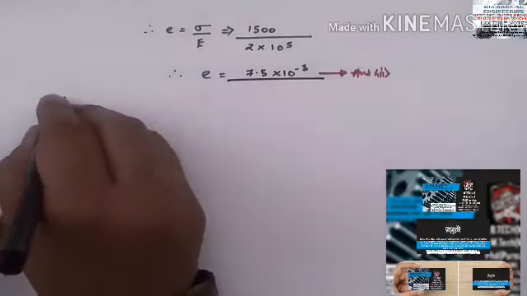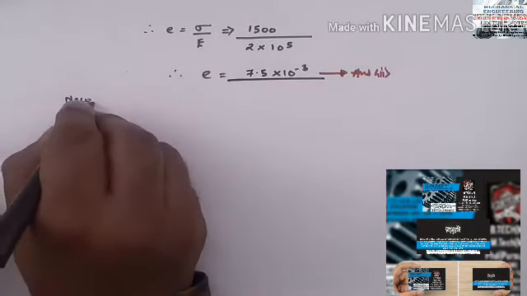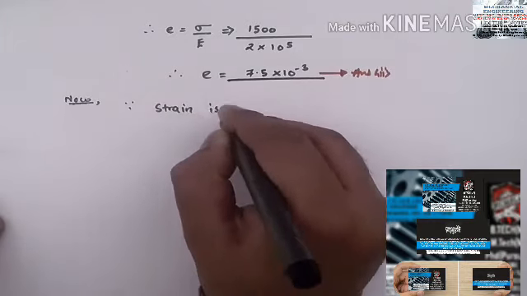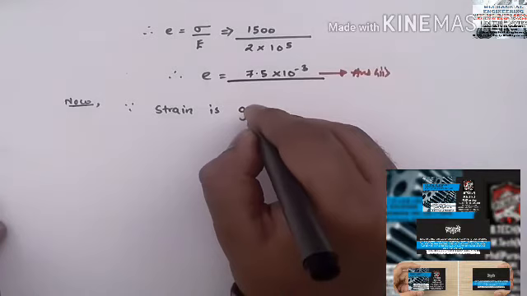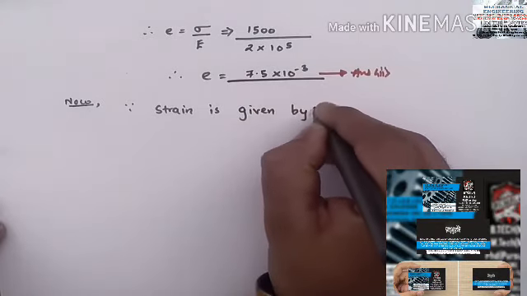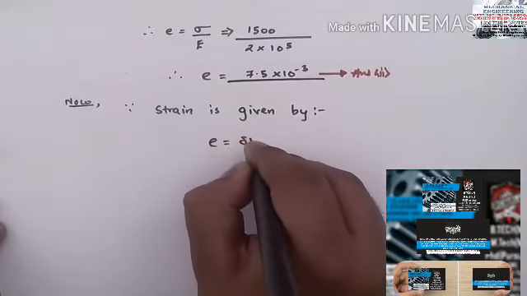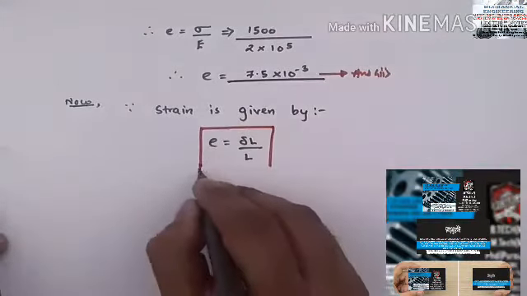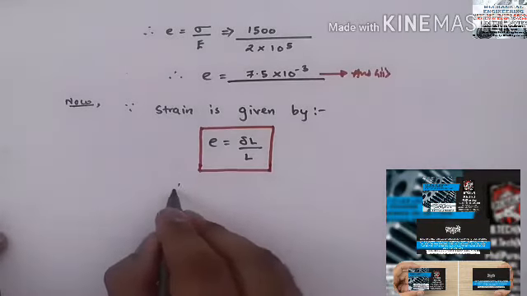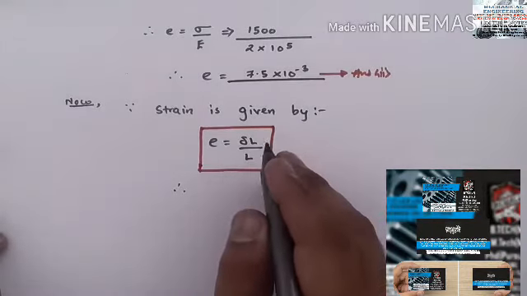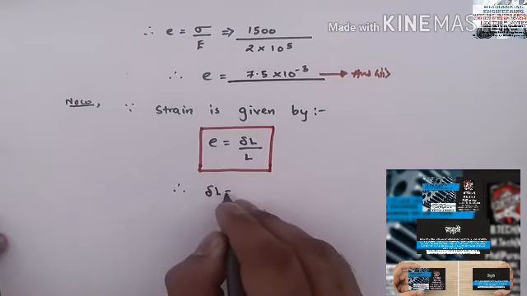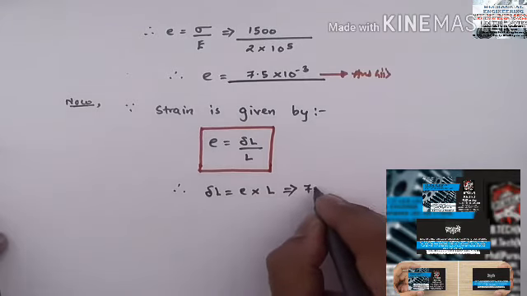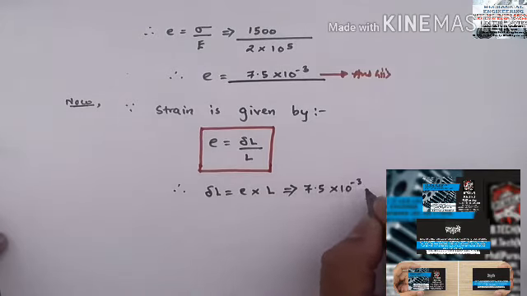So I'll say that next, since strain is also given by change in length upon original length, so therefore this change in length is nothing but the elongation of the rod, and that elongation is equal to strain multiplied by capital L. Strain is 7.5 into 10 raised to minus 3.